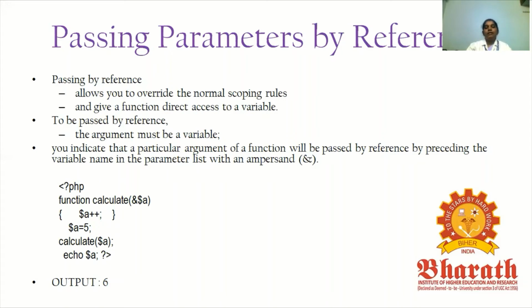Then the statement $a++ increments the value of a by 1, so now it becomes 6. After the calculate($a) line, the statement is echo $a, which displays the value. So the value 6 will be displayed.